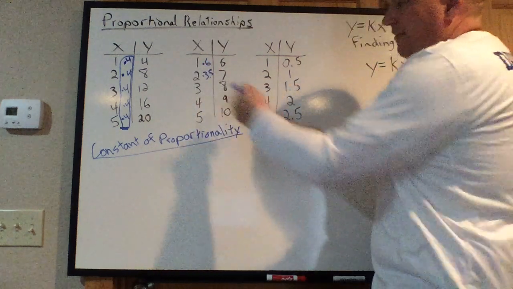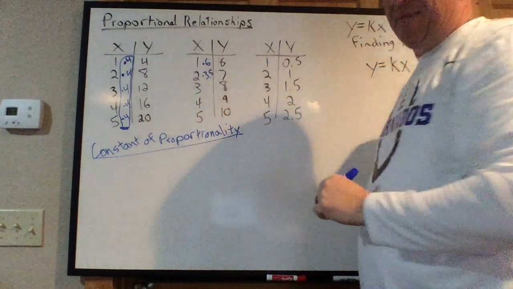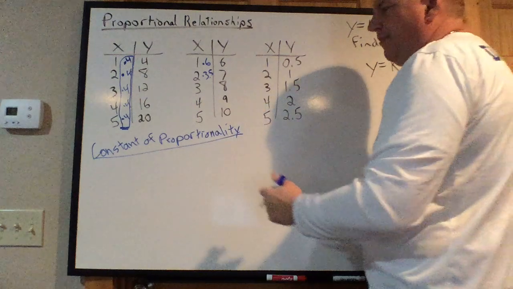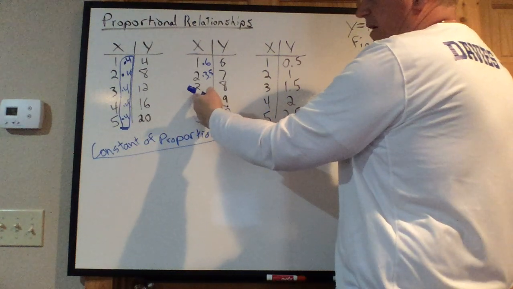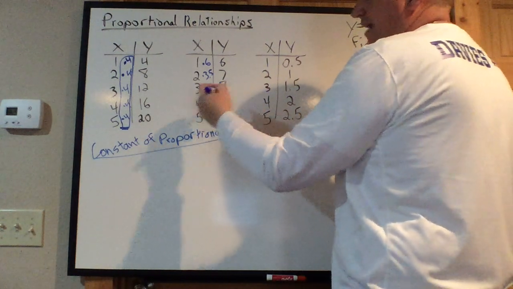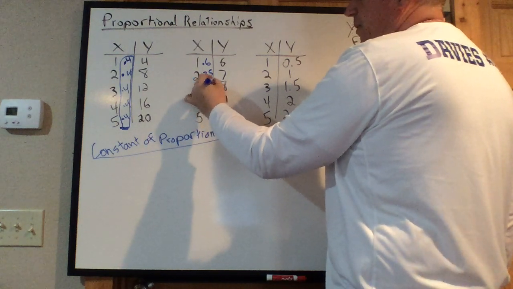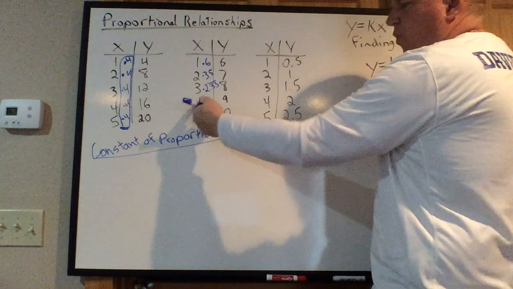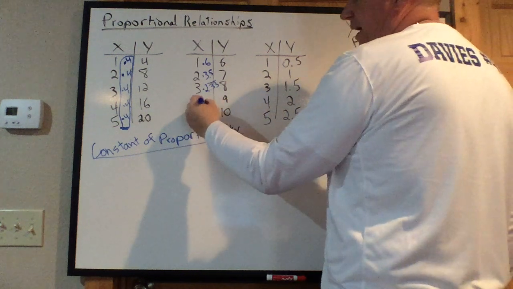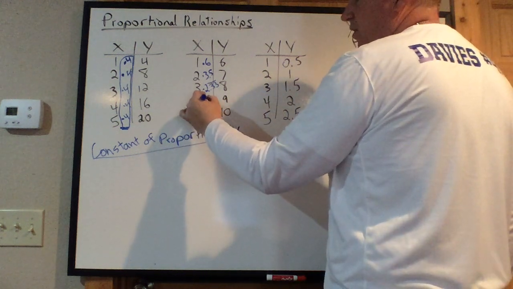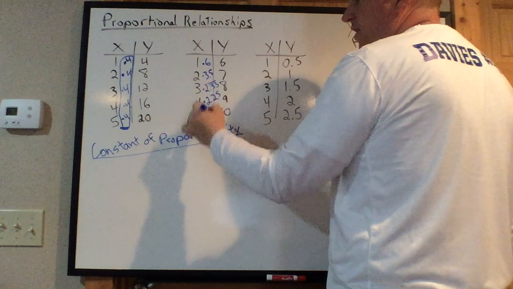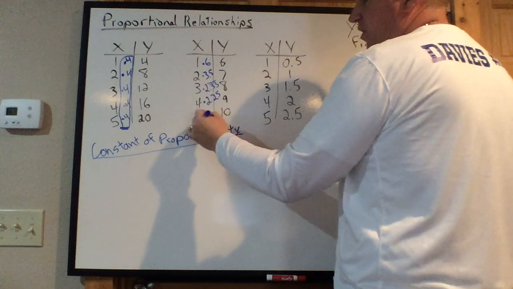Now obviously we can already determine that that's not the same number, but we're going to go ahead and finish up the table anyway. So what do we multiply 3 by to get to 8? We're going to multiply by 2.3 repeating. From 4 to 9, we multiply by 2.25, and to get from 5 to 10, we multiply by 2.